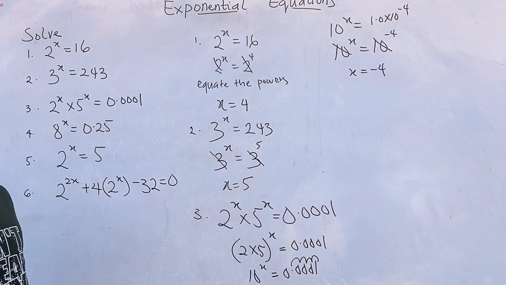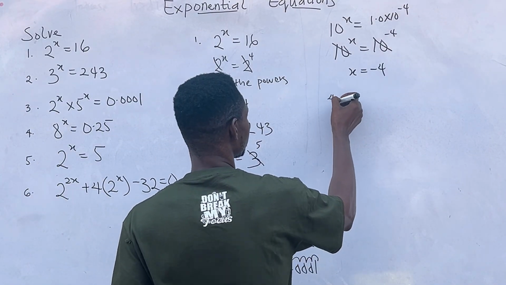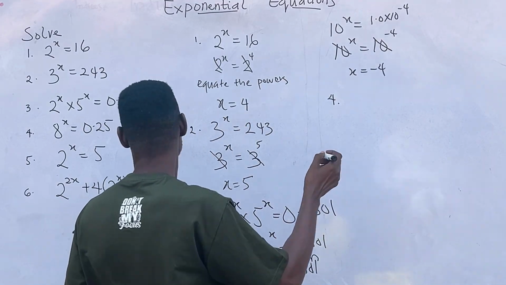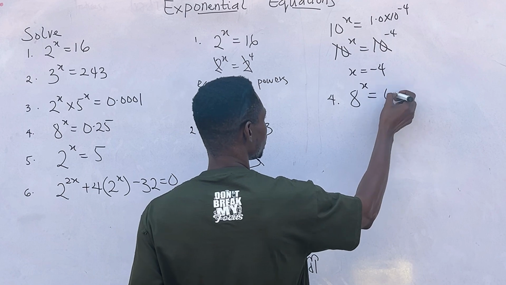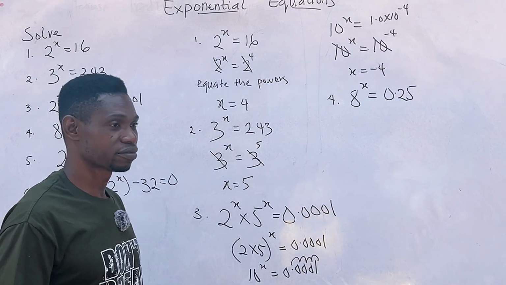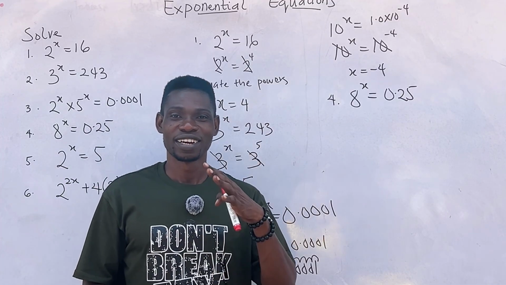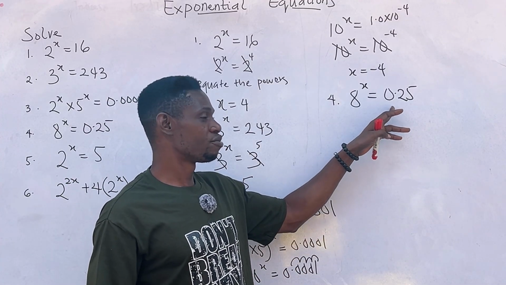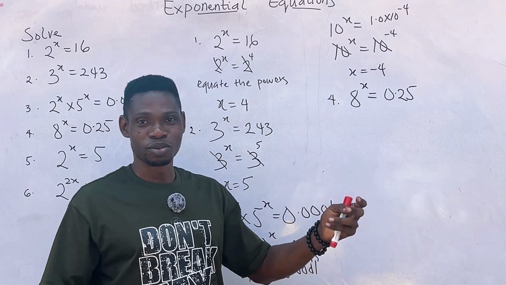So we'll have 3 more to go. Let's see the next one, number 4. We'll have 8 raised to the power x equal to 0.25. Now, what do you think we can do from here? We can make this a fraction to the lowest term and see what it gives.